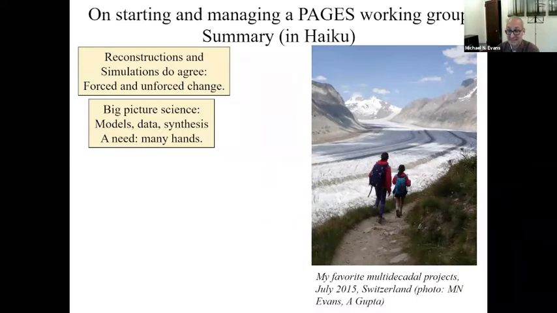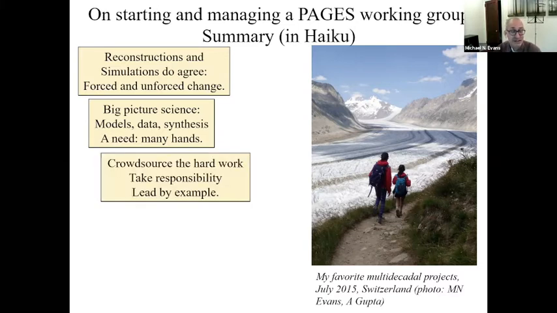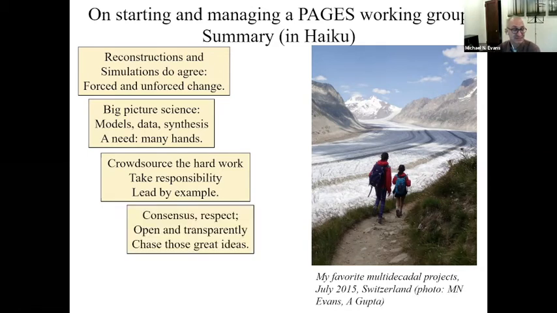It really takes a village. And so if you have ideas that are big picture science, these are great topics for PAGES working groups. Some suggestions for how to go about it: crowdsource, work hard, take responsibility, lead by example.